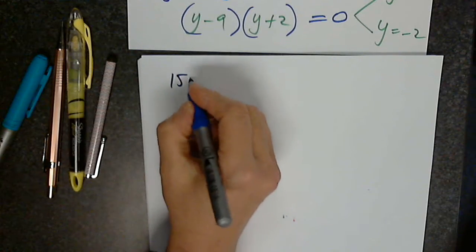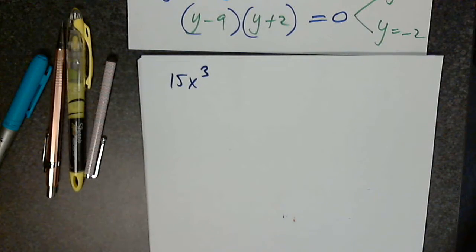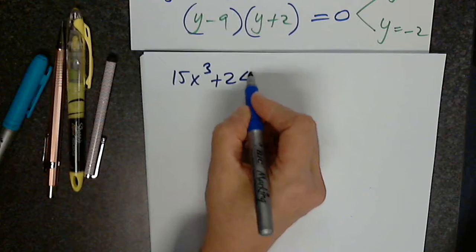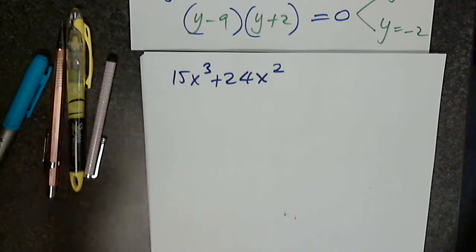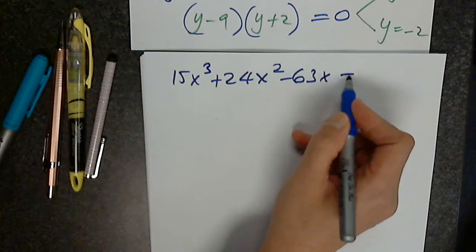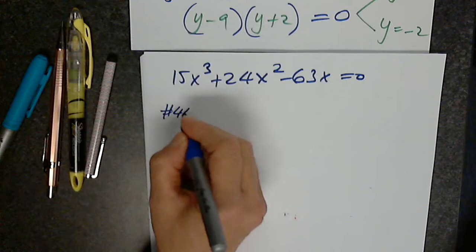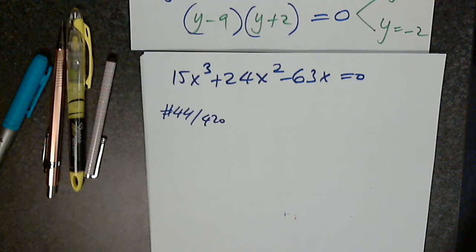15x cubed plus 24x squared minus 63x. And this is problem 44 on page 420.